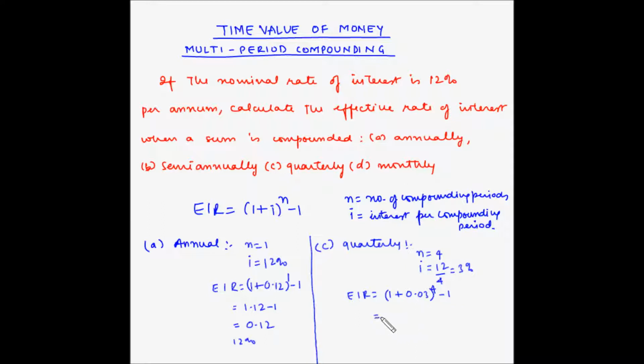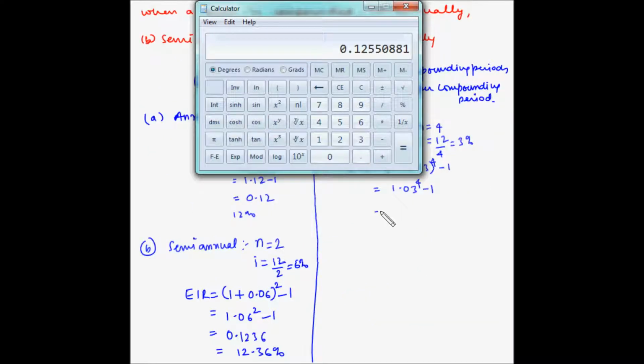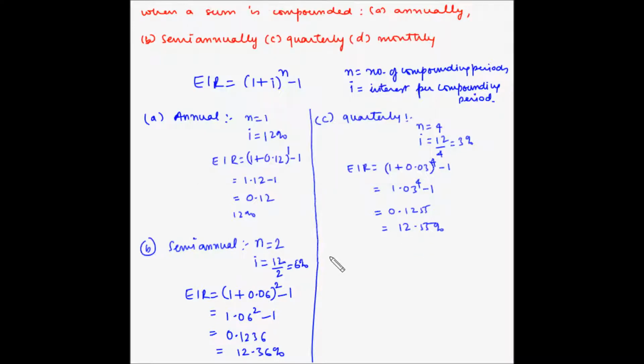So this becomes 1.03 to the power 4 minus 1. So this is equal to 0.1255, which is equal to 12.55%.